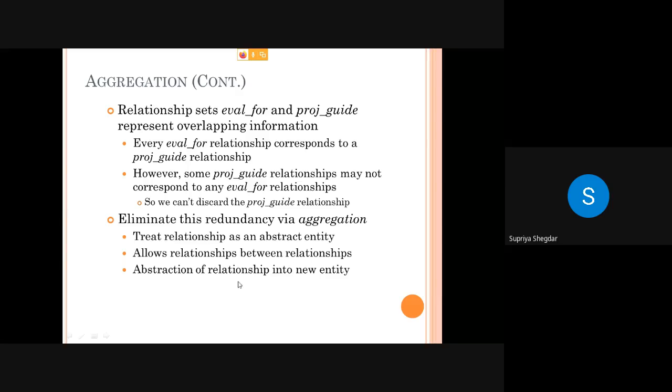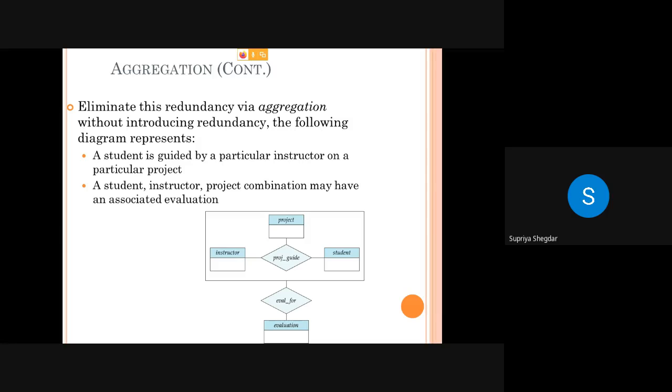So it is the abstraction of a relationship into a new entity. While eliminating the redundancy with the help of aggregation, we can consider one of the relationships as an entity set. Here the student is guided by a particular instructor on a particular project.